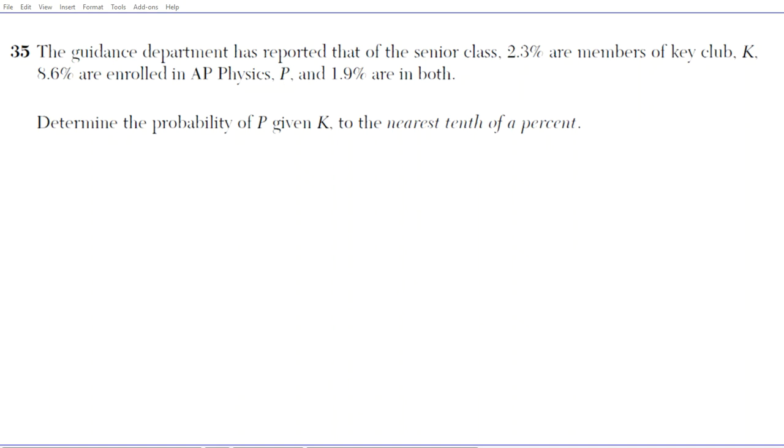Okay, so for this one, let's go ahead and write down the formula that helps us to determine the probability of an event occurring given another event. Let's take a look at the formula for a concept known as conditional probability.